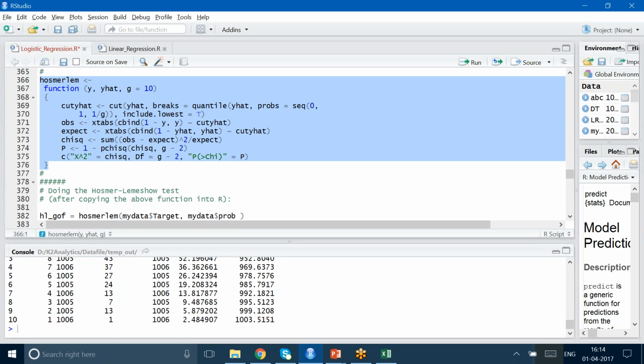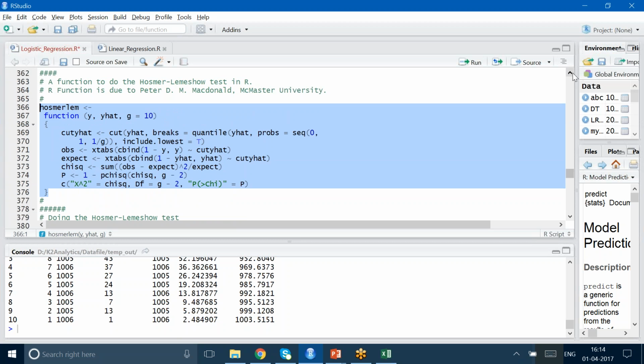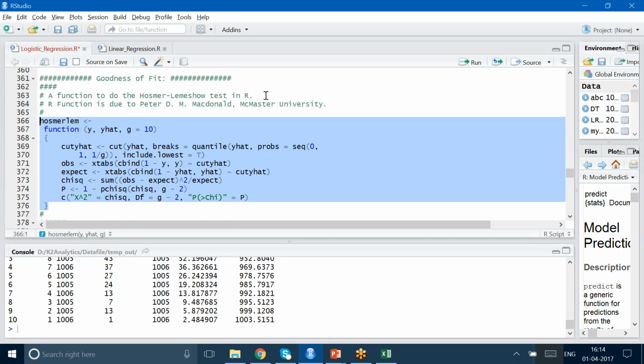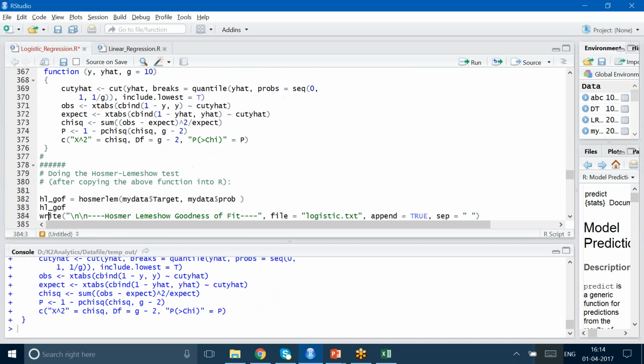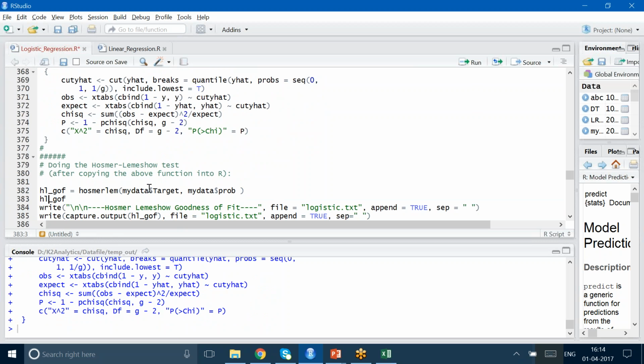Directly take this function, compile it, and let me also show you the source. A function for the Hosmer-Lemeshow test, which is a chi-square test, and this function is directly available. I've taken it, so I compile it. Once I have compiled the function, I have to do this with respect to my development target variable and my development probability column.